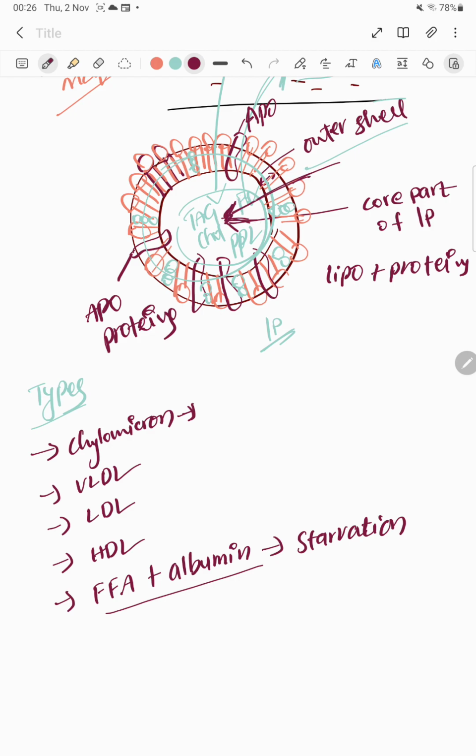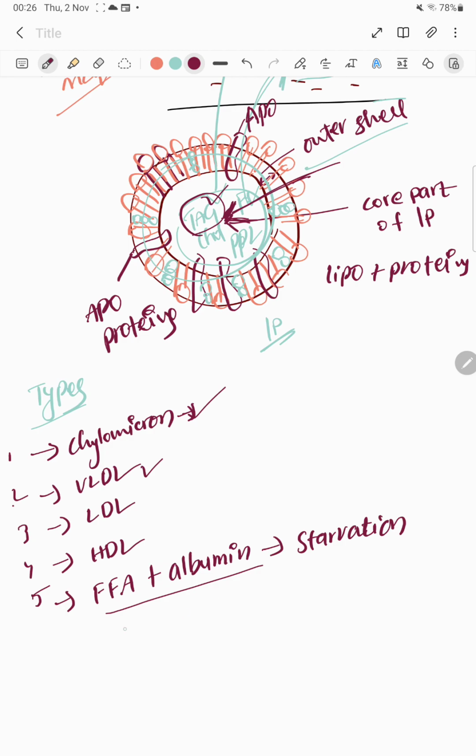If the triacylglycerol content is very high in lipoprotein, that will be chylomicron. If cholesterol content and triacylglycerol content is very high, that is VLDL. So depends upon the lipid content in the core part, the lipoprotein varies. So we have 5 types of lipoproteins.